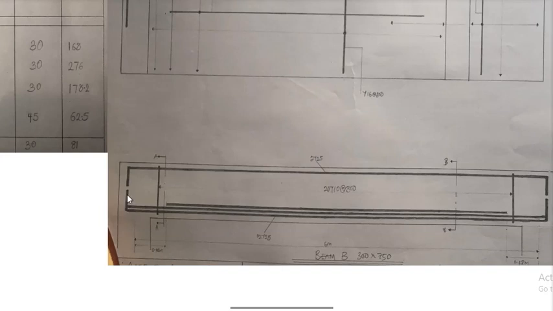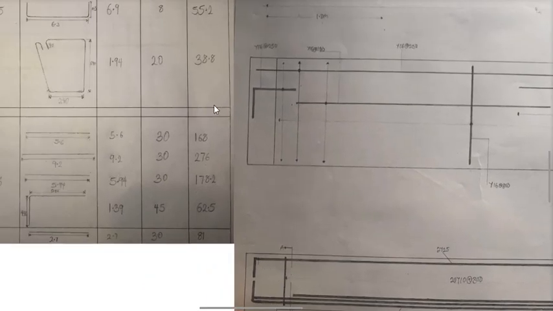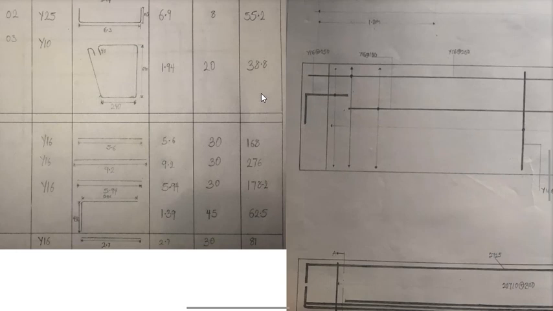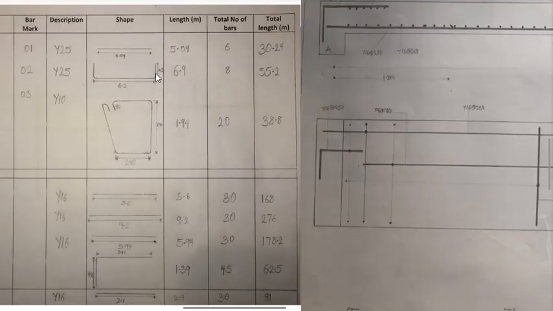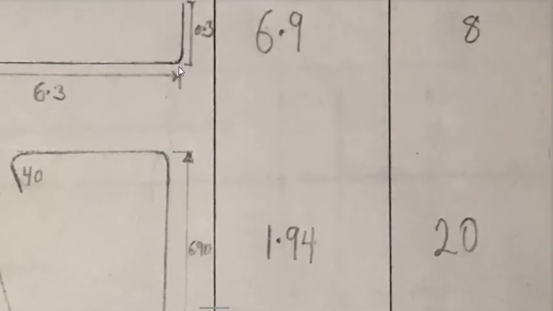The anchorage length is always gotten by multiplying 12 by the diameter of the bar, which in this case is 25 multiplied by 12. It gives us, I think, 300. So 300 is our anchoring length.